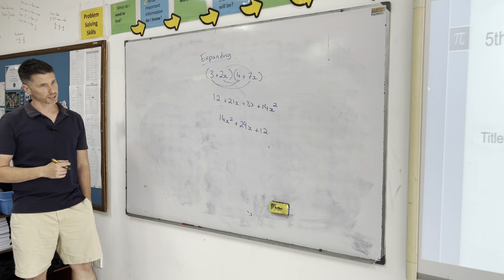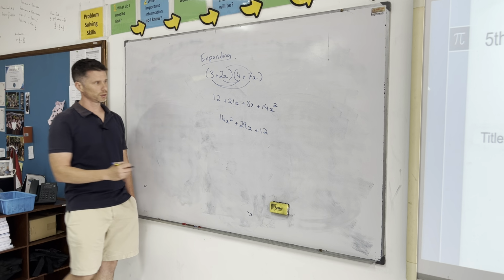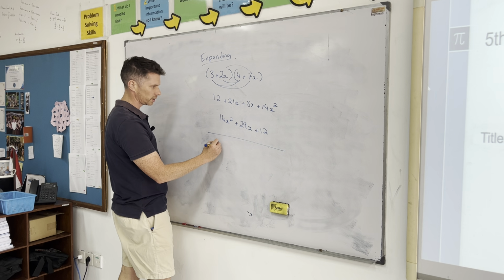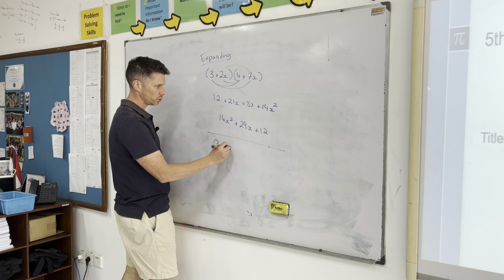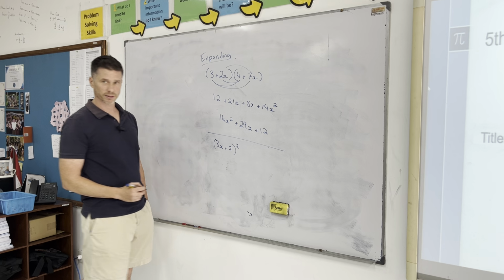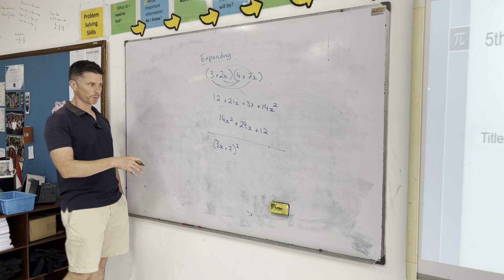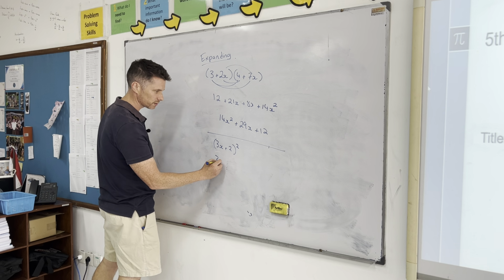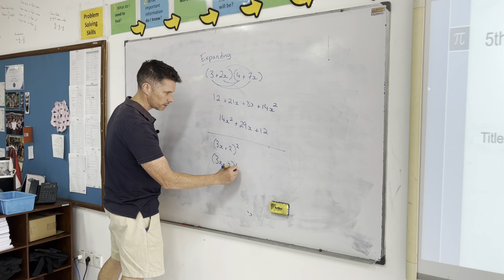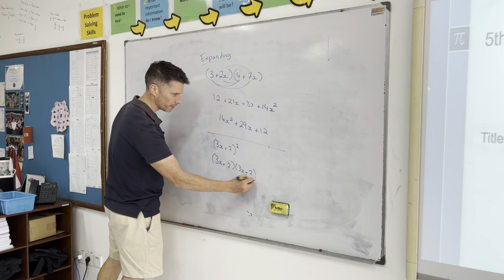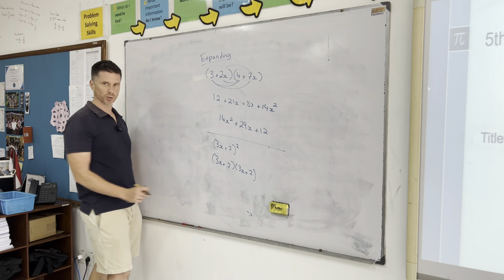And another one is expanding a square bracket that we'd have to do. So something like 3x plus 2 squared. Am I able to expand that? Some people expand it by writing it twice. A common mistake is to just say 9x squared plus 4.